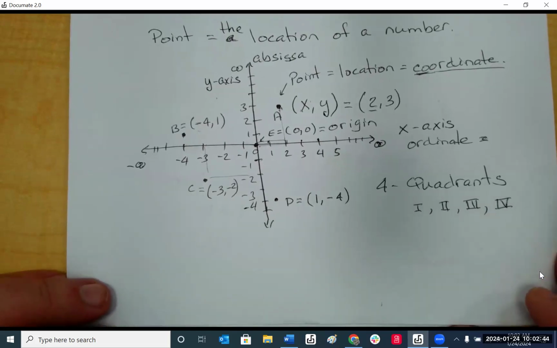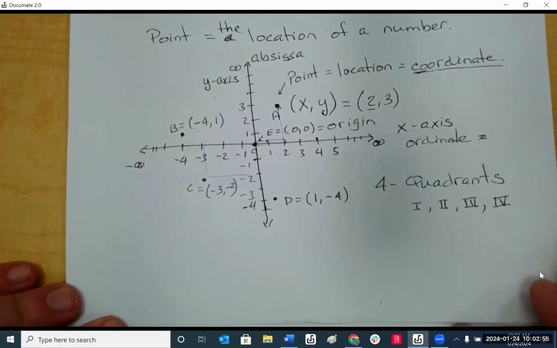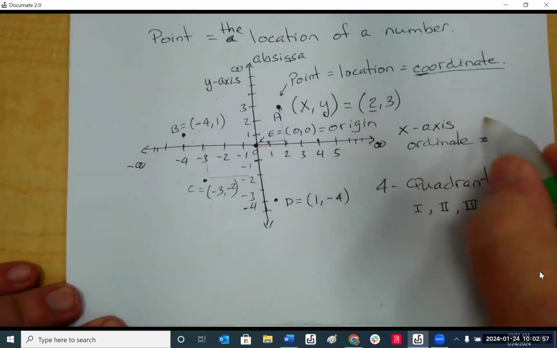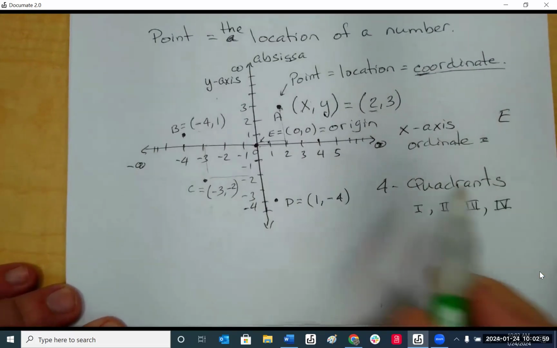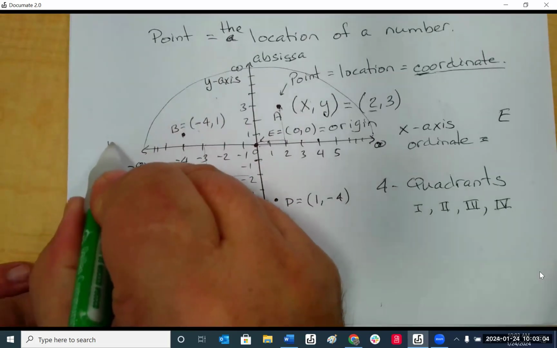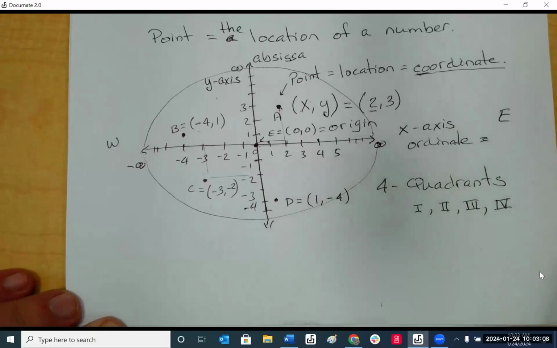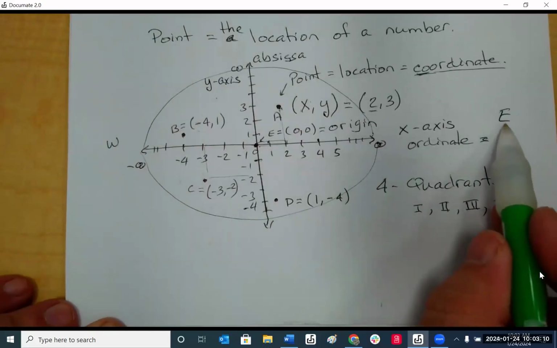But guess what? They didn't have clocks back then. What did they use to tell time? The sun. Where does the sun rise? Where does the day begin? Where does the sun rise? The east. This is the east. So it begins here and it goes to the west, goes up and then back around. So it begins in the east.